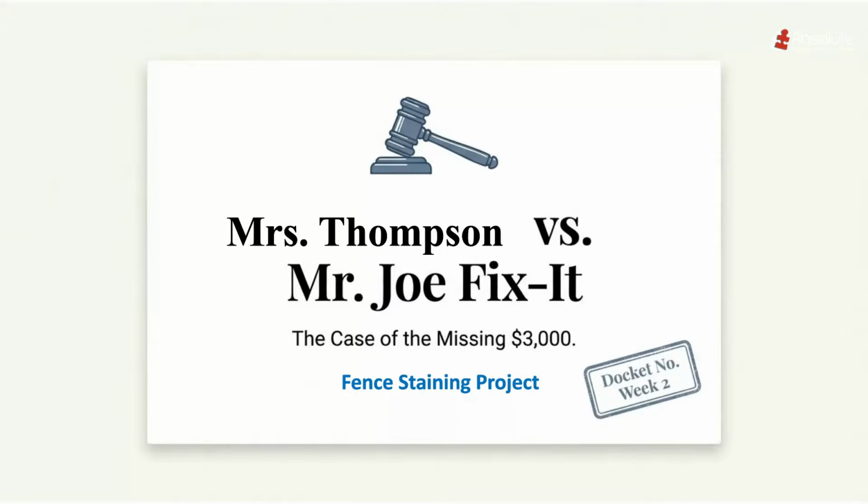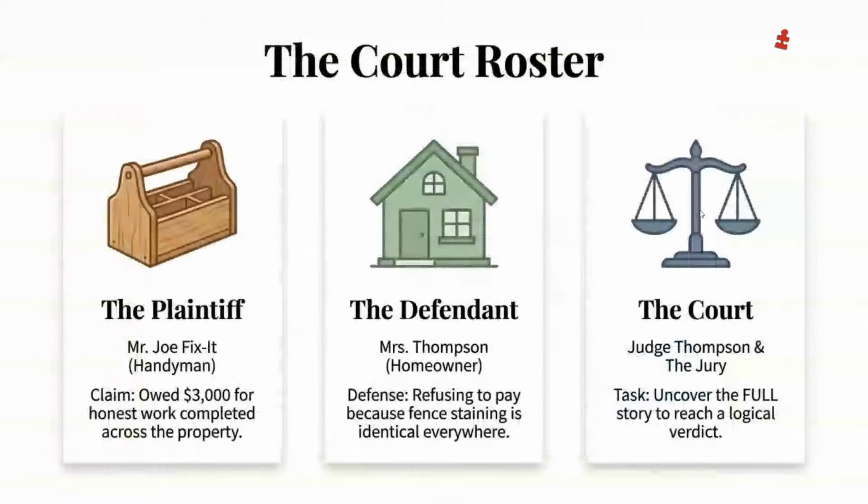All right, so last time I gave you this analogy or scenario of Mrs. Thompson versus Mr. Joe Fix-It. Joe's the handyman, Mrs. Thompson is the homeowner, and basically the handyman is the plaintiff. He said, hey, I didn't get paid my full amount. Hey, Mrs. Thompson, you owe me $3,000.